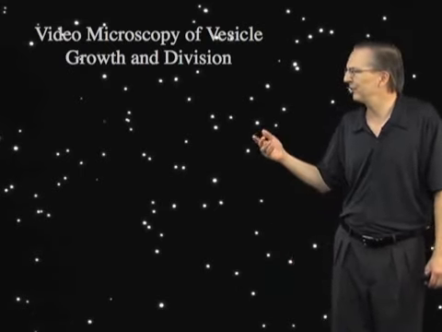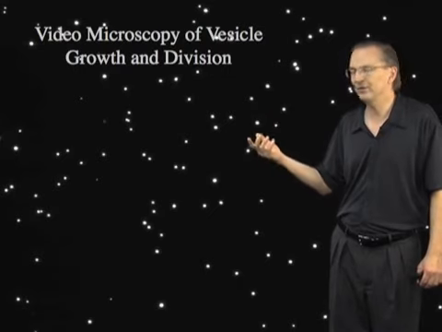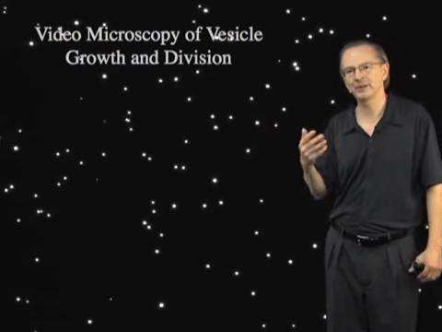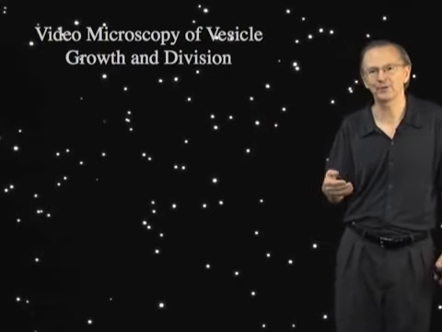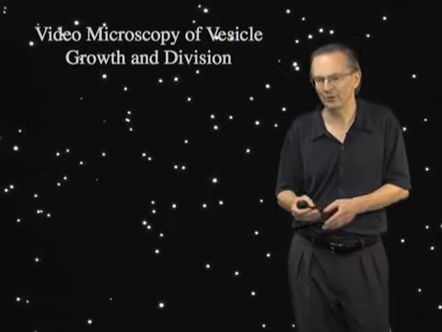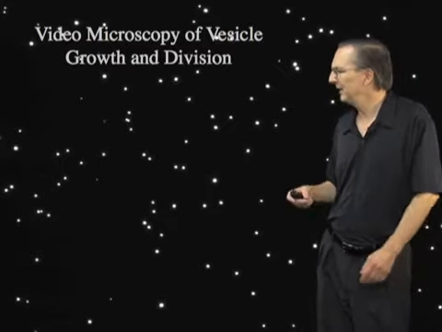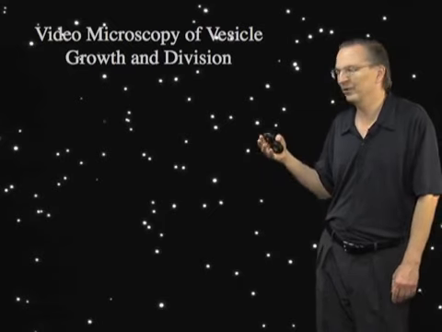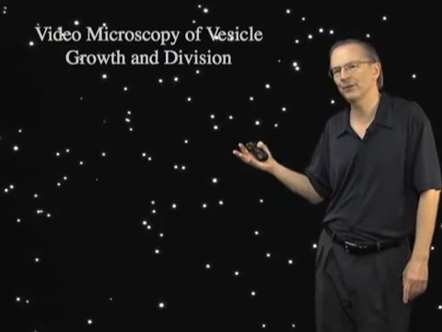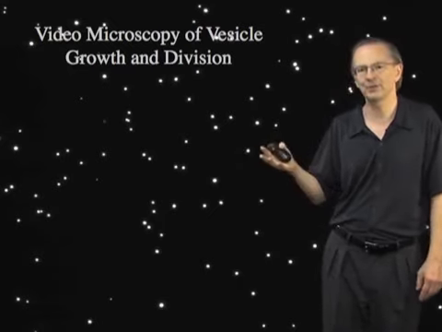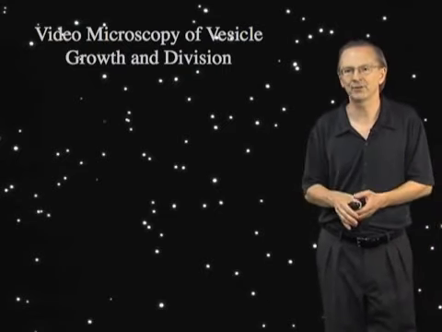And what you're actually seeing here is a fluorescent dye encapsulated in the aqueous internal space of each vesicle. So now what you'll see next is a time-lapse video of how these things actually grow following the addition of more fatty acids.